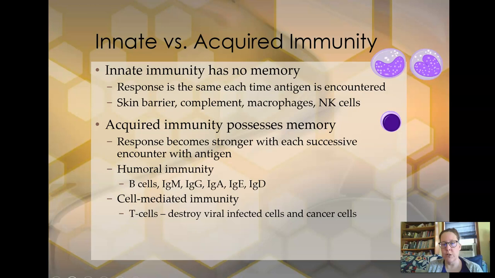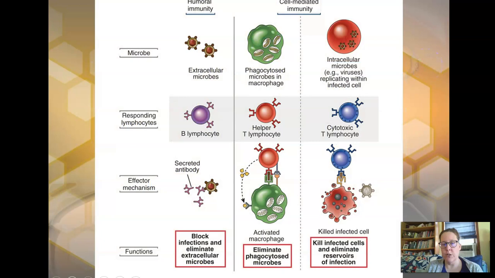Your cell-mediated immunity is, of course, T-cell dependent, and again, they destroy viral infected and cancer cells. And it is a part of the acquired immune response. All right, so here this contrasts the two. So right here, you have humoral immunity. So you have extracellular microbes, so they're floating around in fluids and stuff.